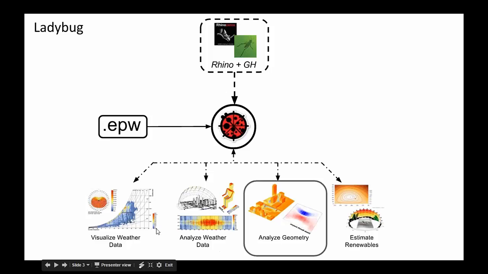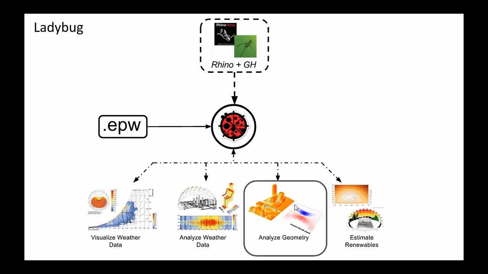If you weren't here for the first few, we covered visualizing weather data and analyzing weather data in the first two sessions. After these two on geometry, we'll be moving to Honeybee.